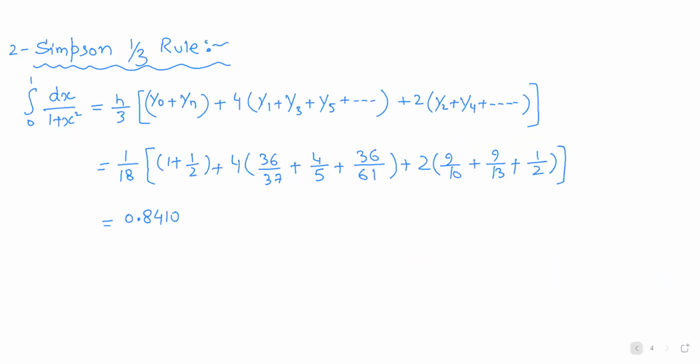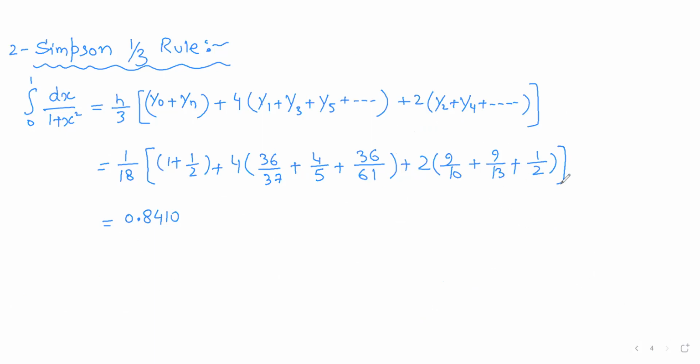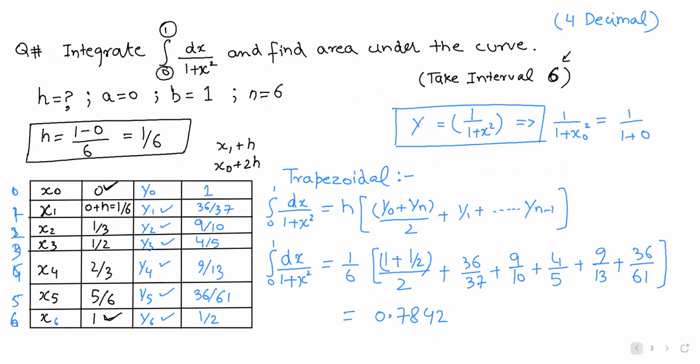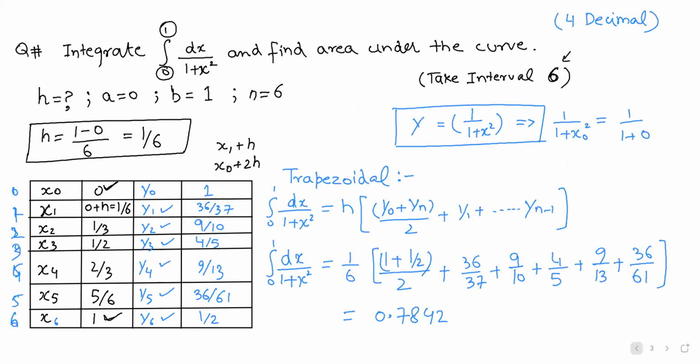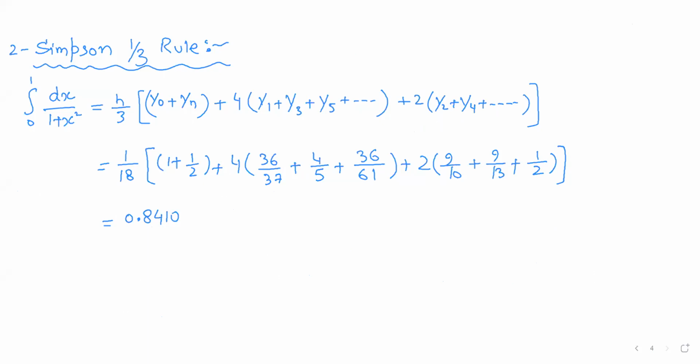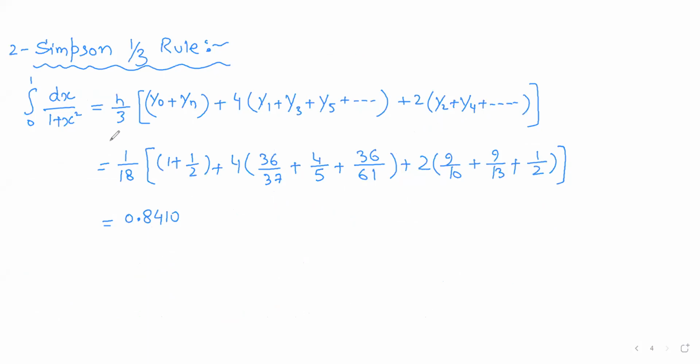Then 2 into 9 by 10, 9 by 13, and 1 by 2, and 4 times 36 by 37, and then 4 by 5, 36 by 61. This is 1, and the corresponding value is 1 by 2, and then this one was h by 3.